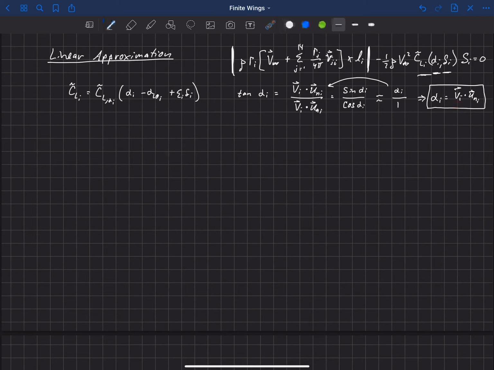So alpha I equals vi, which is v infinity plus the summation from j equals 1 to n of gamma j over 4 pi times vji, that's our influence. So that's our vi, and then we're going to dot that with uni. Okay, so that's our unit normal for that particular section. That's our estimate for the angle of attack.